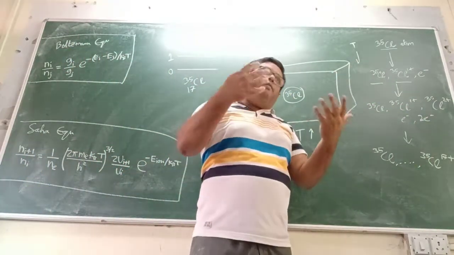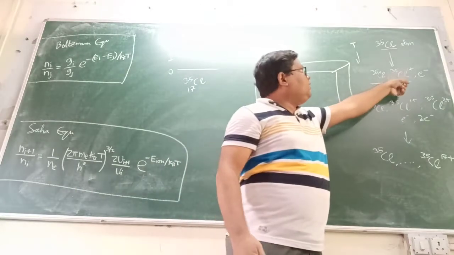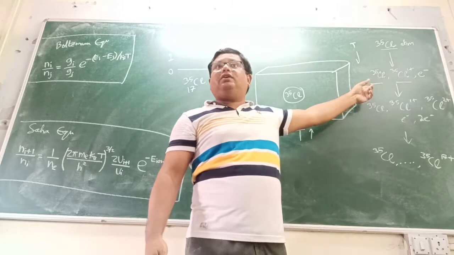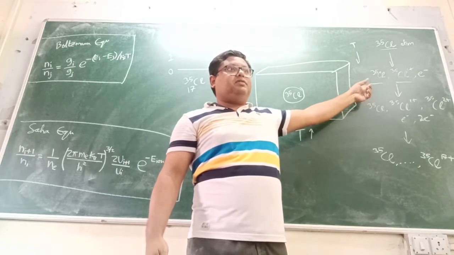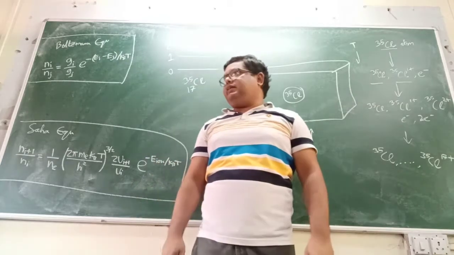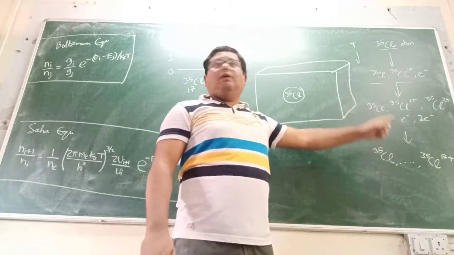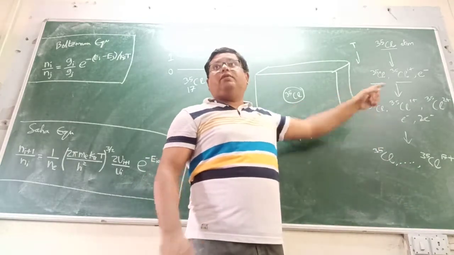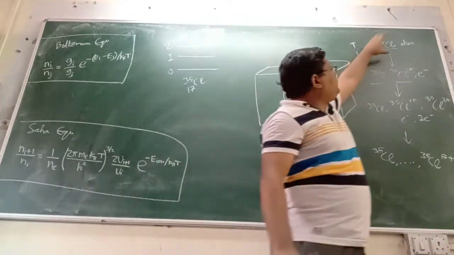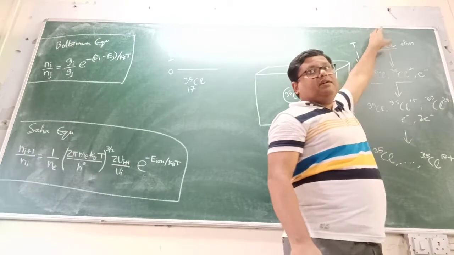Now you might ask me, sir, how many 35 chlorine 1 plus were there with respect to neutral 35 chlorine atoms? Okay, this is also a very valid question. So how are you going to find it? This time remember, the Boltzmann equation will not help you. The Boltzmann equation will help me if I consider only the excited states of this part, right?